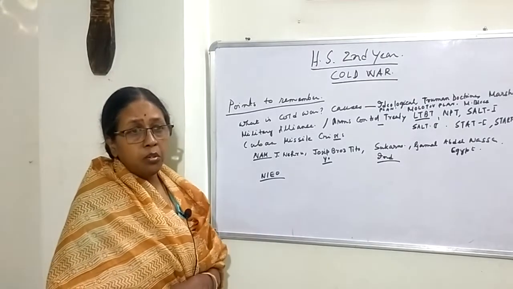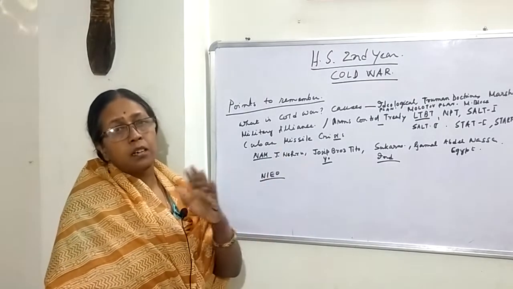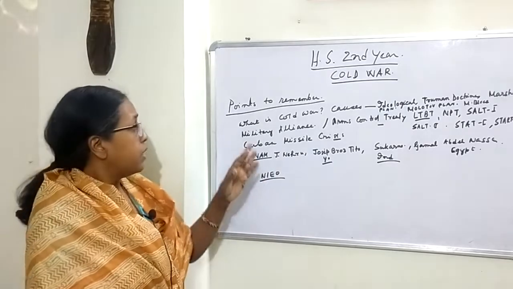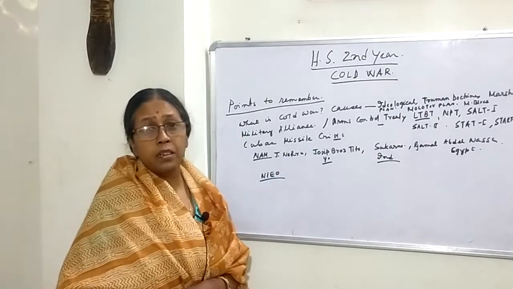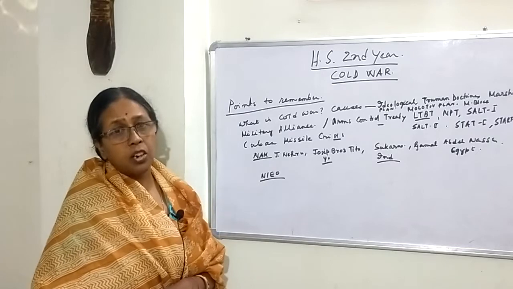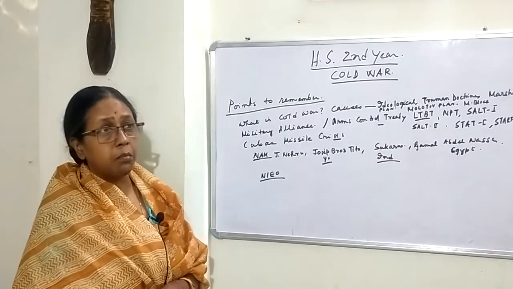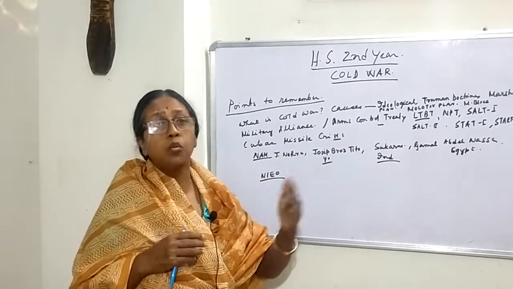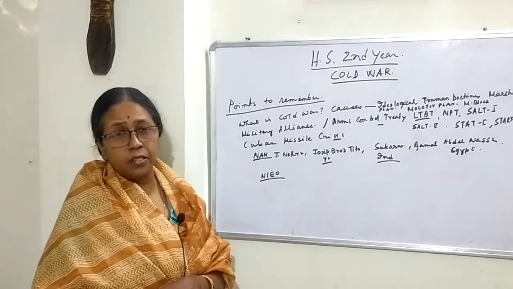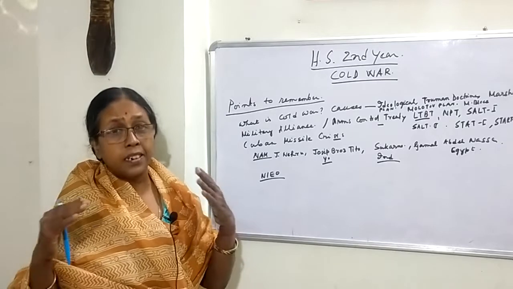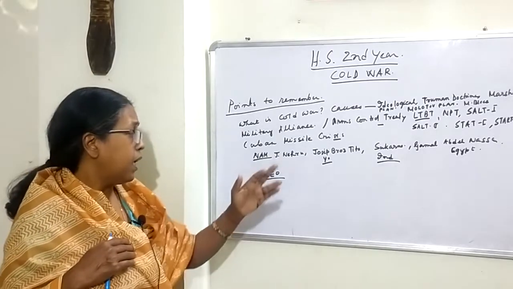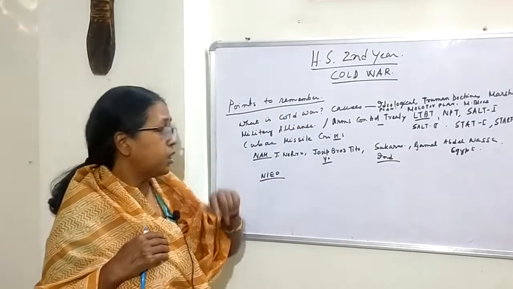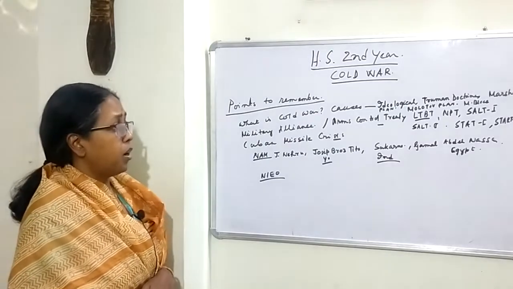But ideologically, they were totally different. America was following the capitalist system, and Russia the communist system. So both countries were very much interested to spread their own ideology to other countries, and that is why tension started between them, and that tense situation can be termed as Cold War.